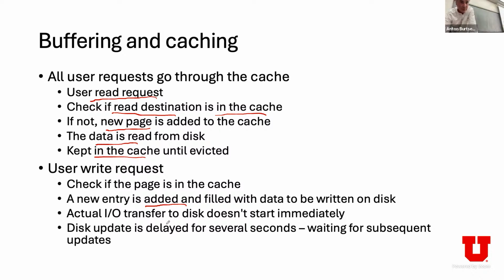This allows Linux to combine multiple disk writes into a single disk write. But of course, at the price that if you lose power at this point, you will lose this data. So sometimes you have to do something like an fsync, or flush, to make sure that all data from the cache are actually hitting the disk.